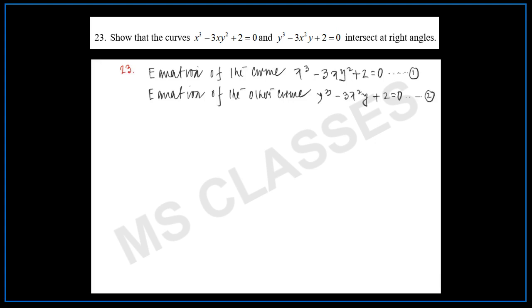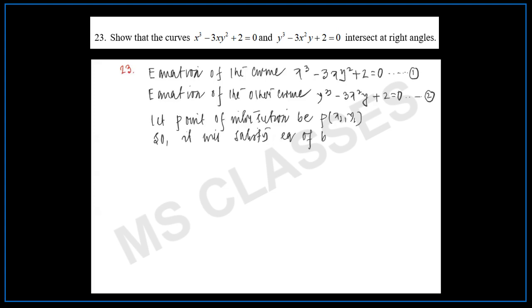Now both these curves definitely intersect at some point. So we take that point of intersection, let the point of intersection be x1, y1. So this point of intersection will satisfy the equation of both the curves.